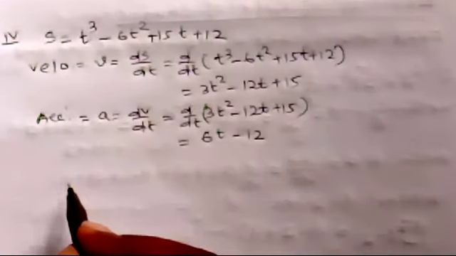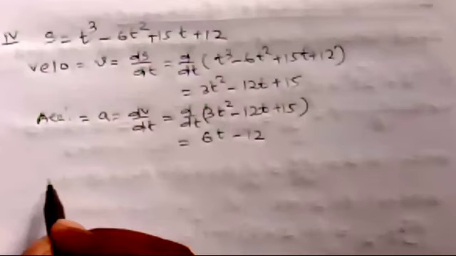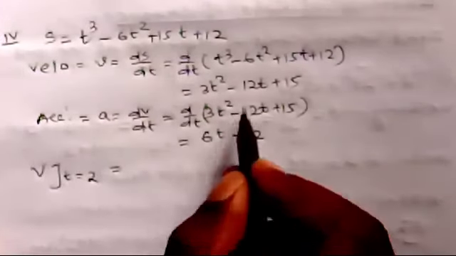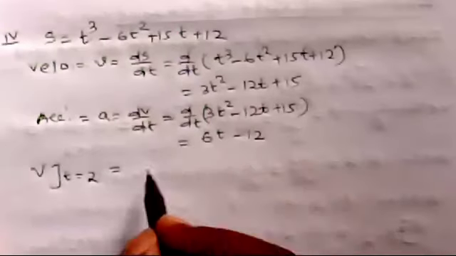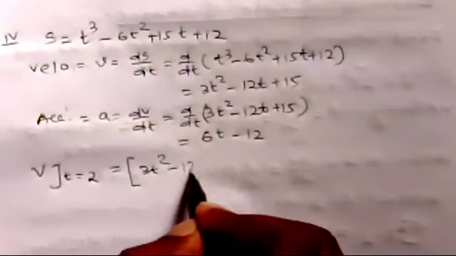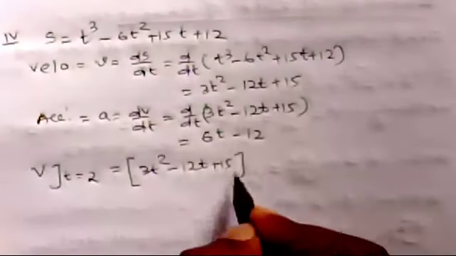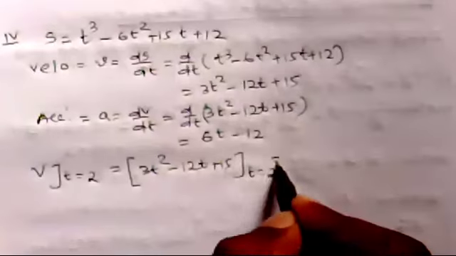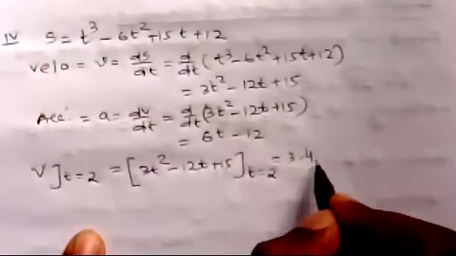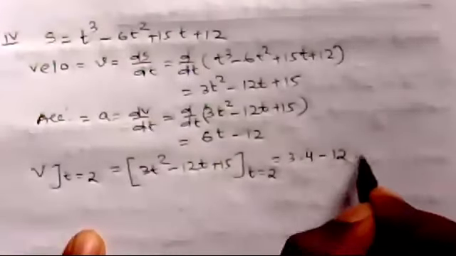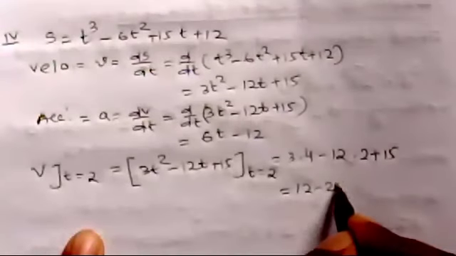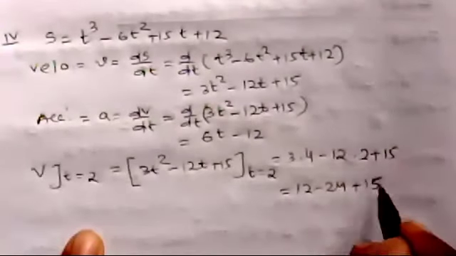But we have to find velocity and acceleration at the end of 2 seconds. That means the value of this velocity at the end of 2 seconds. So 3t² minus 12t plus 15 at t equal to 2. I directly put 3 into 2 squared, which is 4, minus 12 into the value of t, which is 2, plus 15.